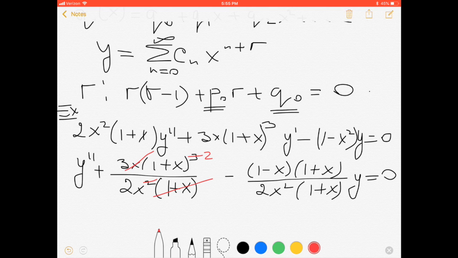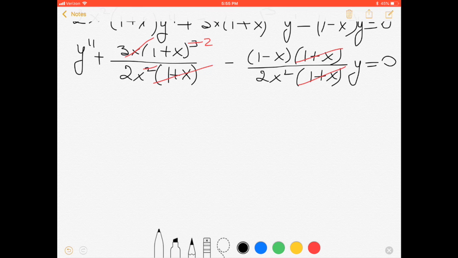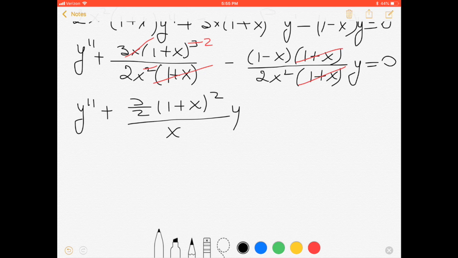And what is cancelled here? 1 plus x, 1 plus x. Now we are ready to write the second derivative. It will be 3/2 (1 plus x) squared, all over x.